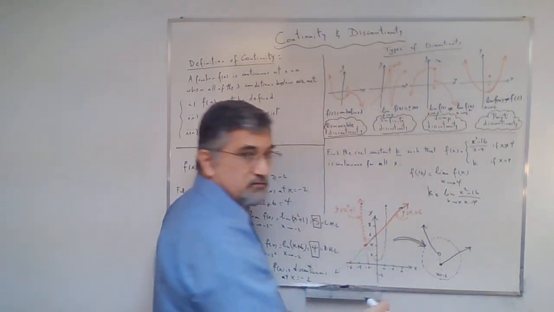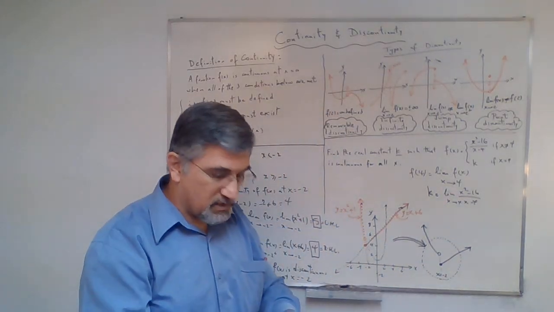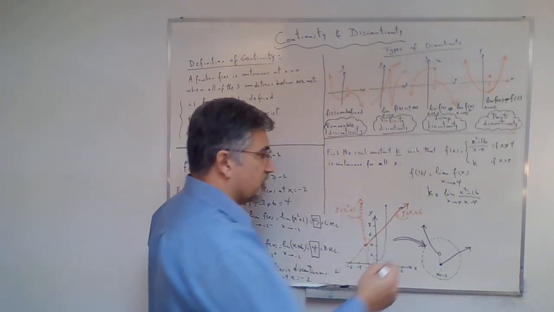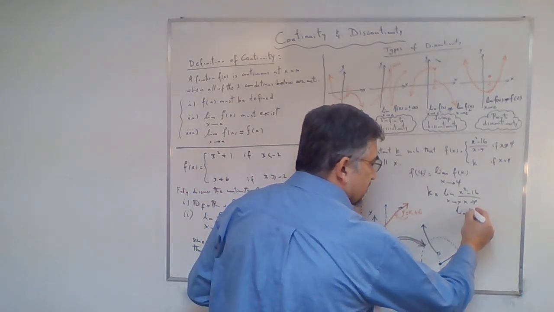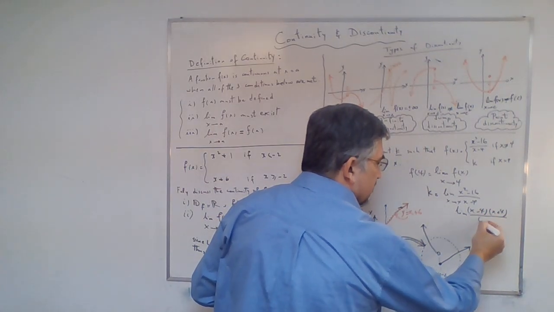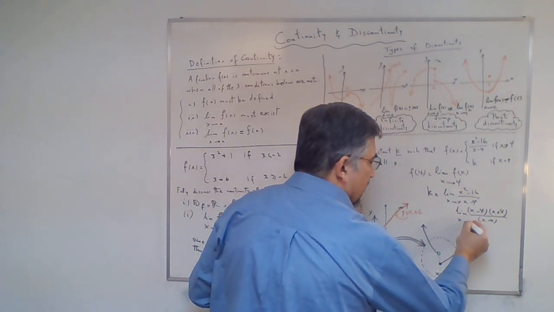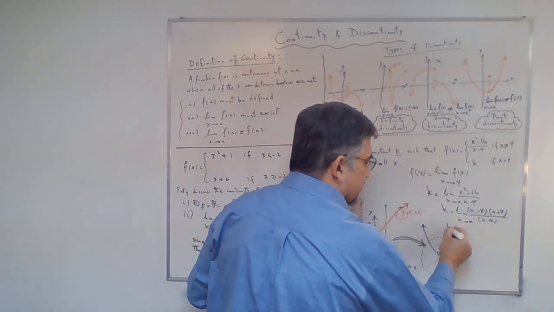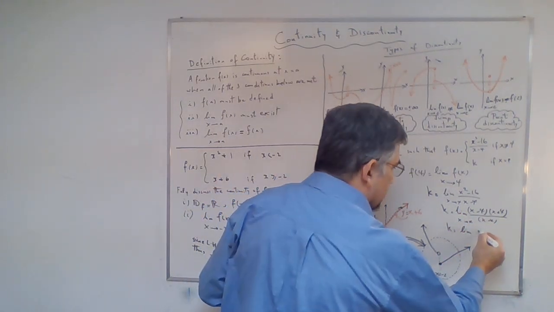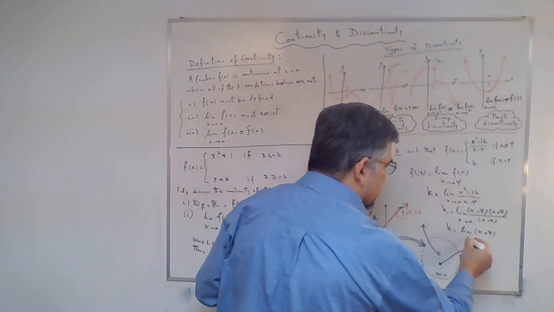Now, to find this limit, direct substitution obviously doesn't work because it gives us the indeterminate form 0 over 0. Therefore, we're going to use the technique of factoring. We factor the numerator using difference of squares, and we factor the denominator. After simplifying, x minus 4 cancels out, so we get x plus 4 on the right side.